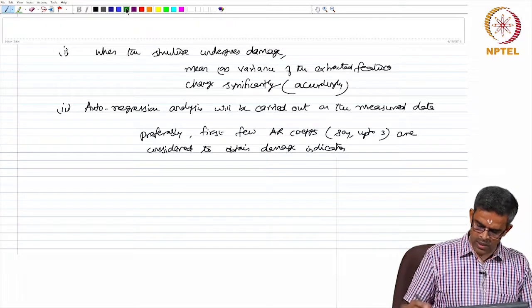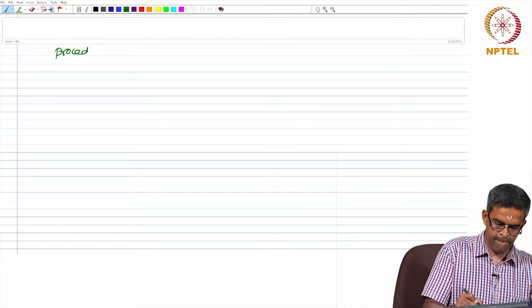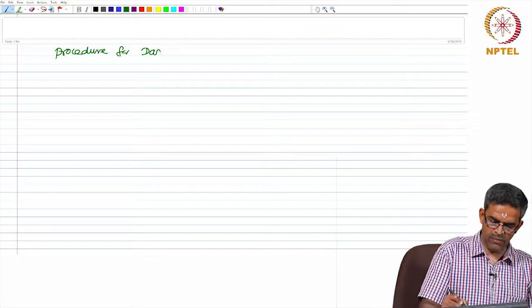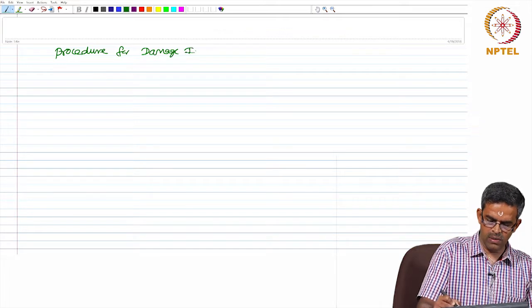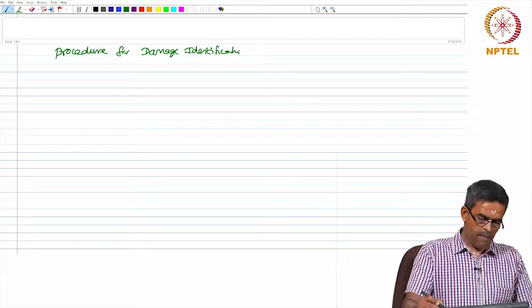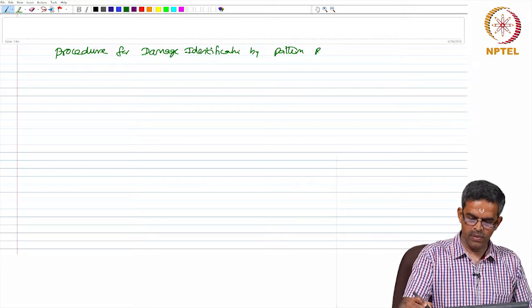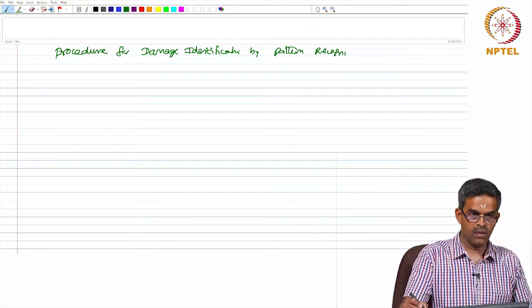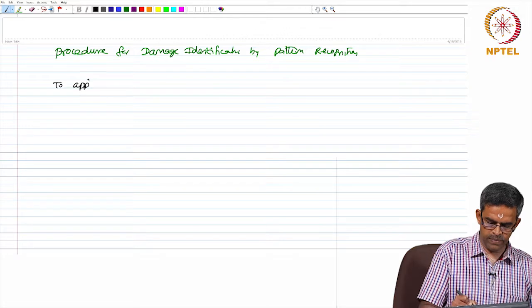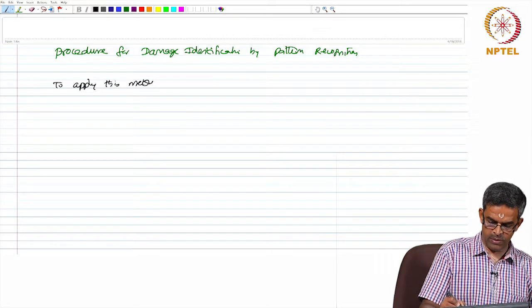Let us now see the procedure for damage identification by pattern recognition. To apply this method, there is a prerequisite.